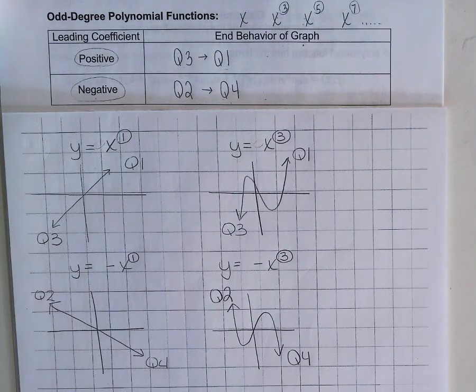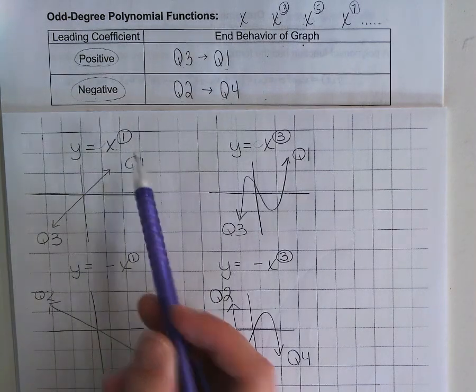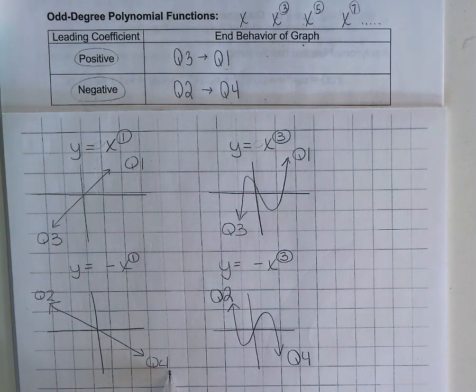That's true for all odd degree polynomial functions. They will definitely have at least one x-intercept, because in order to go from quadrant 2 to quadrant 1 or 2 to 4, you must go through the x-axis. So they have to have an x-intercept.